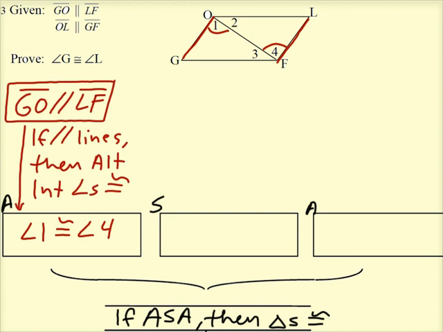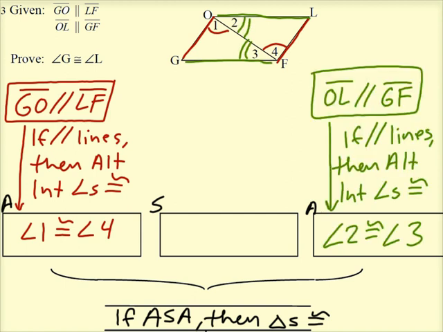Similarly, because OL is parallel to GF, angles 2 and 3 are congruent. And then lastly, OF is a shared segment in both triangles, and as a result, it'd be congruent in both GOF and LFO.